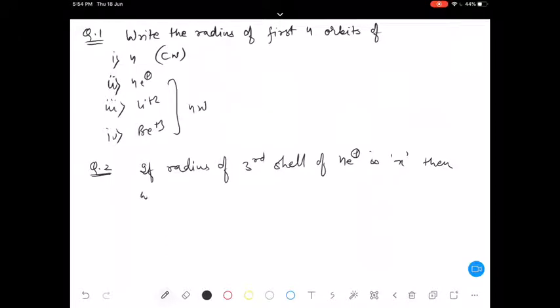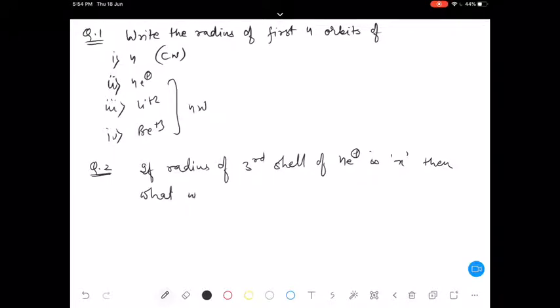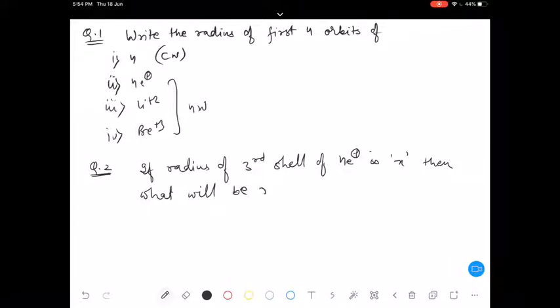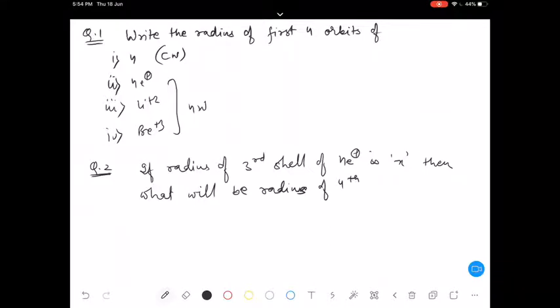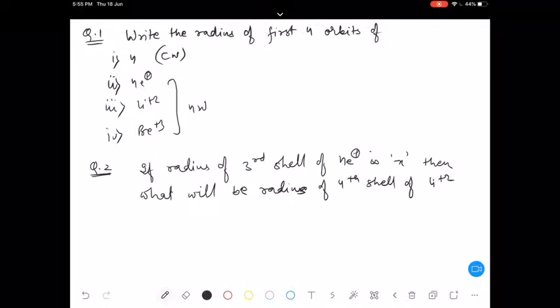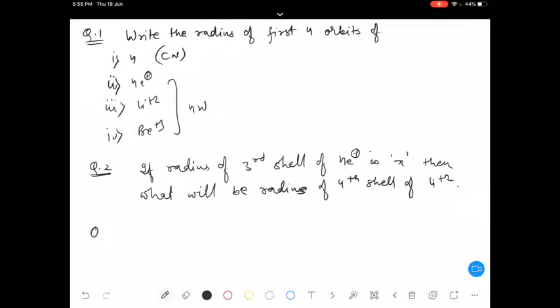Then what will be the radius of fourth shell of lithium dipositive ion?